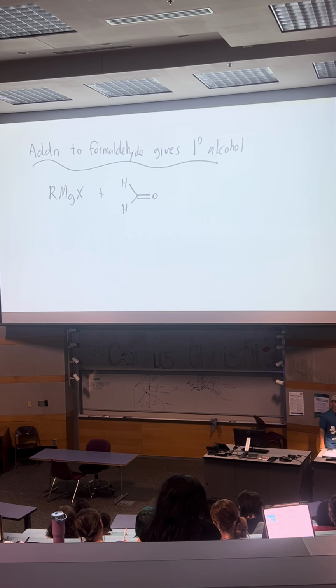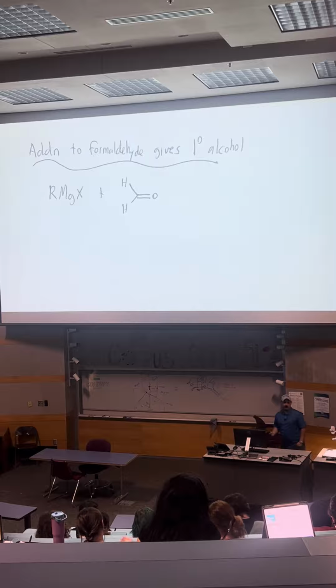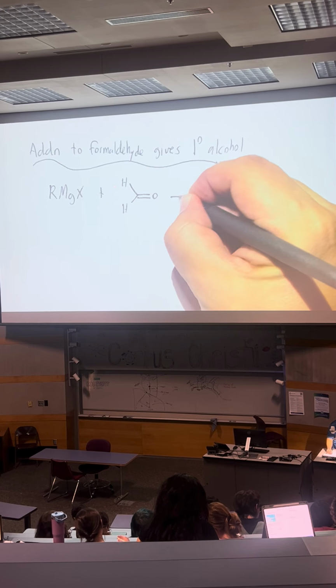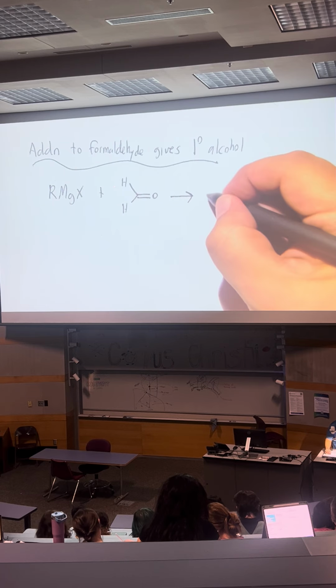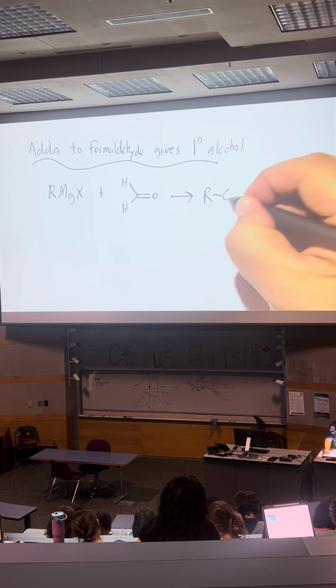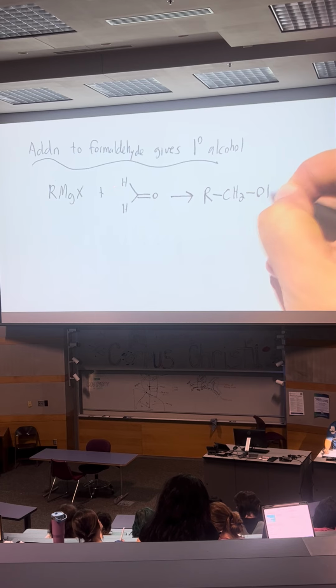It's a gaseous aldehyde. It's not like a traditional aldehyde, which is usually the carbonyl at the end of an alkyl chain. There's a single carbon in formaldehyde, which means alpha to the carbonyl there are two hydrogens. But what it also means is, depending on what your R group is in the Grignard reagent, you can generate the primary alcohol, but you extend that chain by a single carbon.